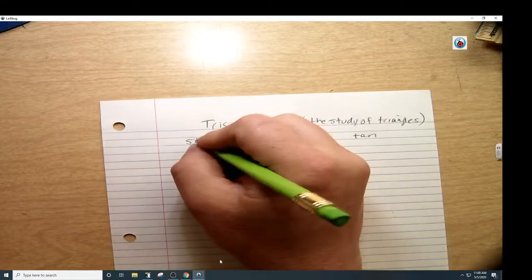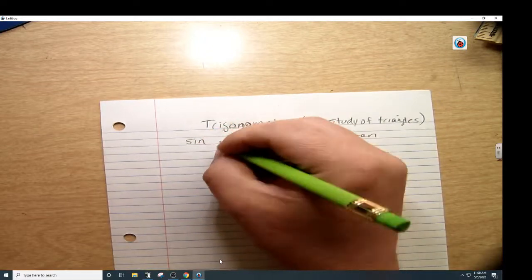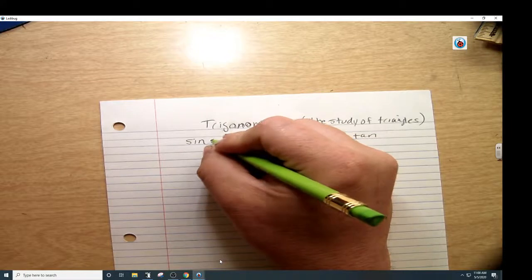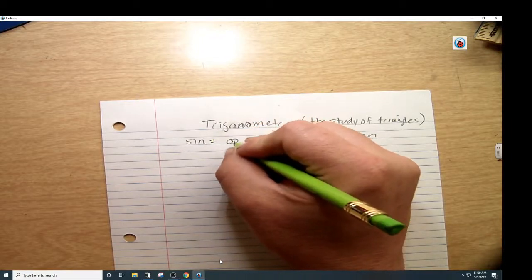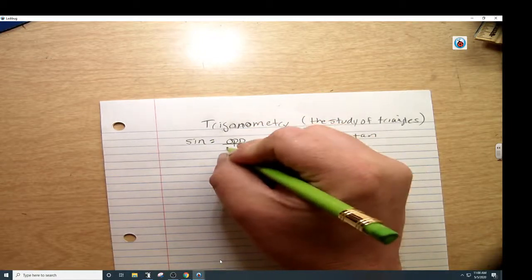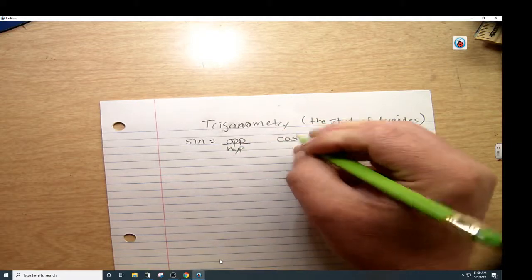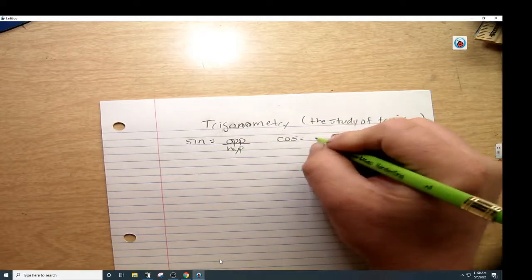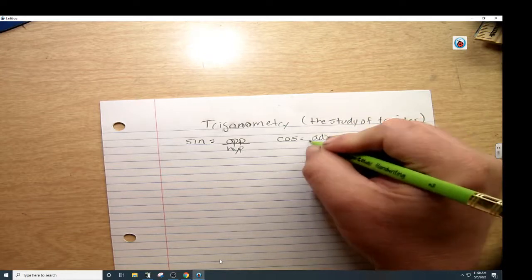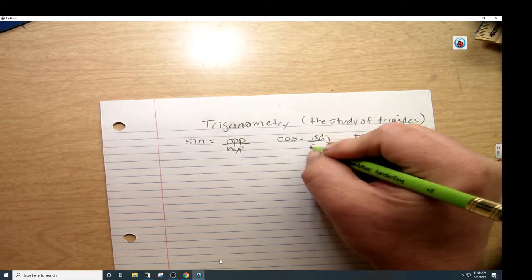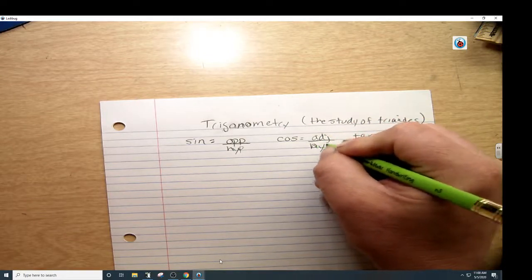Now sine deals with the opposite side and the hypotenuse. The cosine deals with the adjacent side and the hypotenuse.